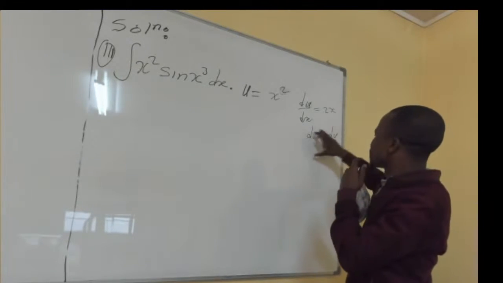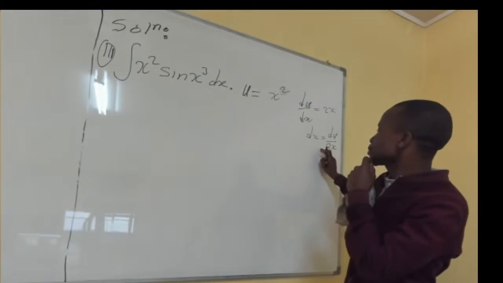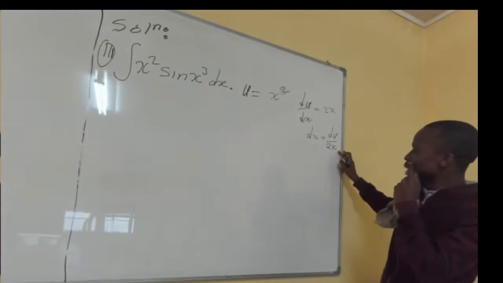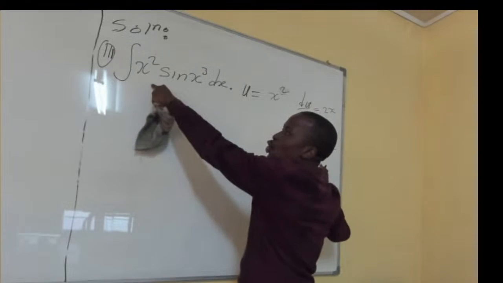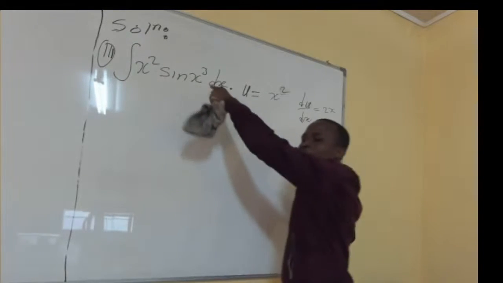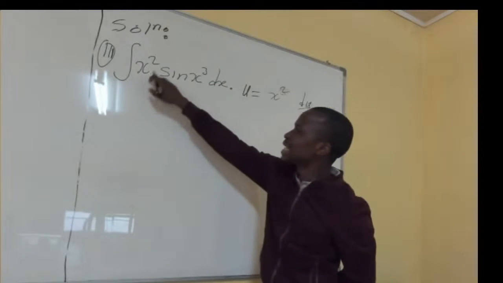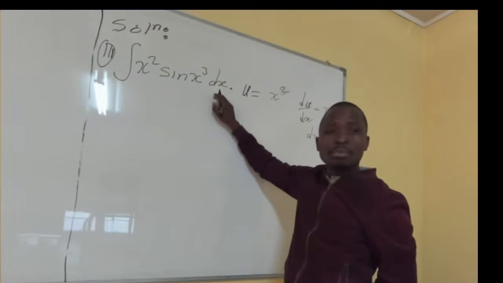So, okay, when we replace dx by du over 2x here, one of these will cancel with x. Still, you're going to remain with x times sine of u du, and that also brings confusion.